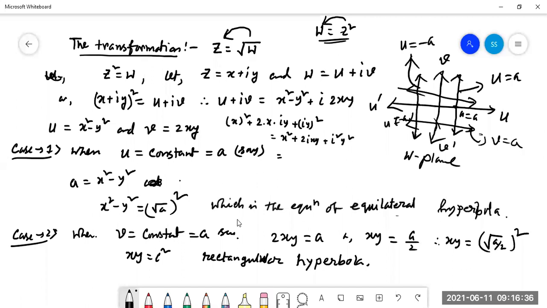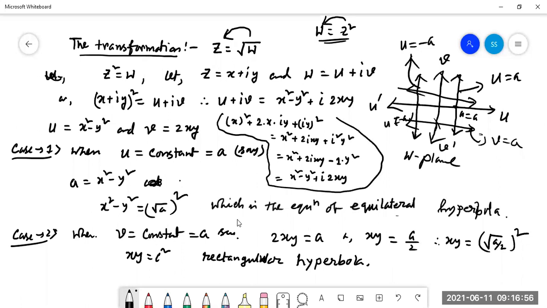What is the value of i square? What is the value of i square? It is minus 1, right? Yes sir, minus 1. So it will be coming x square minus y square plus 2i into xy. Is it clear? Yes sir. As it was iy, so it will be coming minus. Clear? Clear sir. Okay. Then we are going for the next part.